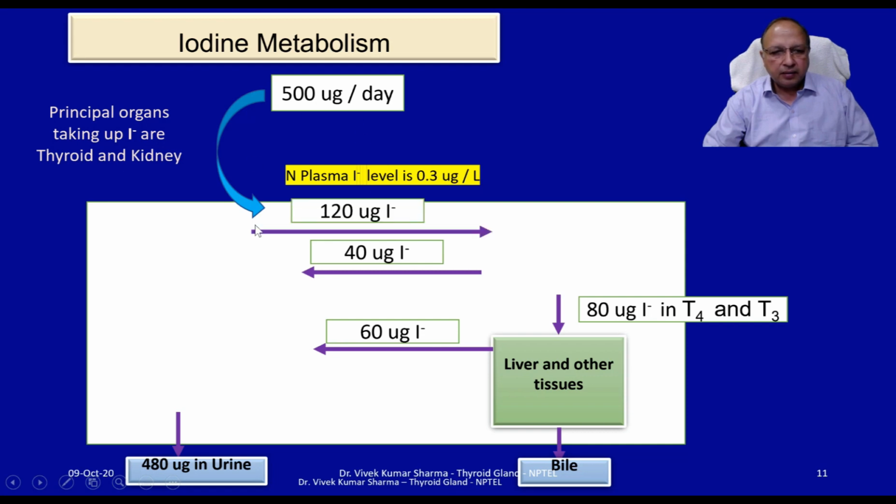So out of this 500 micrograms, 120 micrograms of iodide is taken up by the thyroid gland, and then out of which 80 micrograms is utilized for the synthesis and secretion of the thyroid hormones. Then it comes to the liver after the metabolic activity has occurred, and then it is secreted either in the bile or in the urine. And in this way, out of 500 micrograms, we see that nearly 480 micrograms is excreted in the urine.